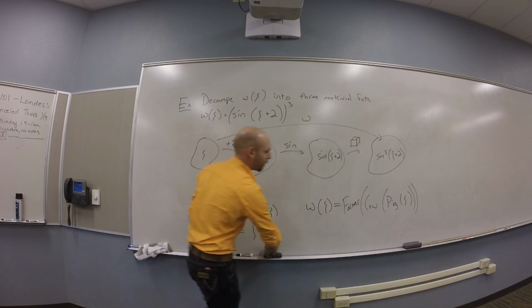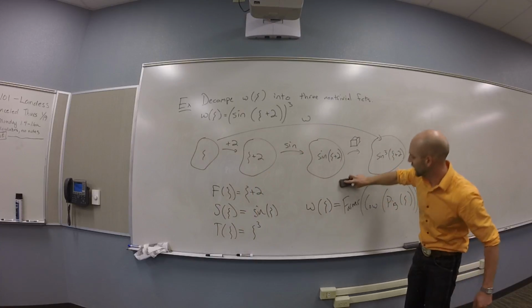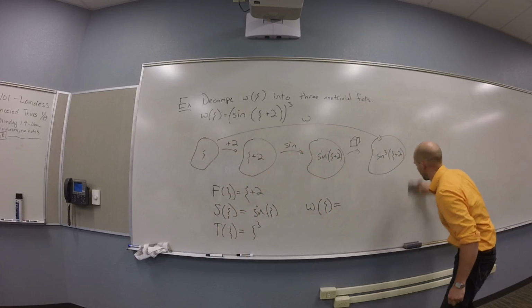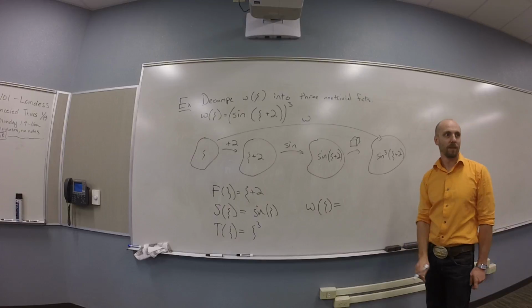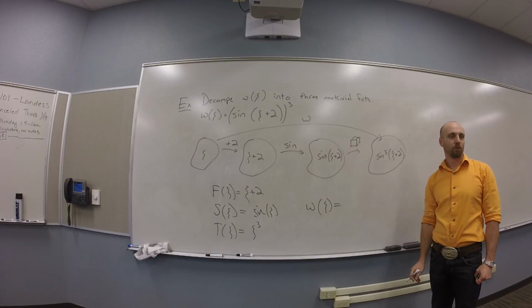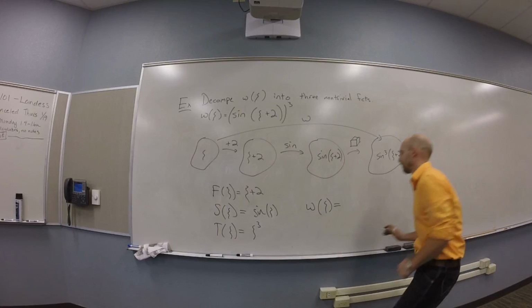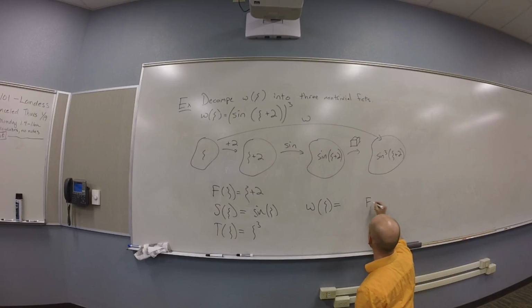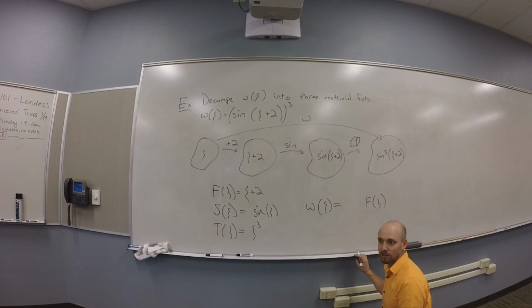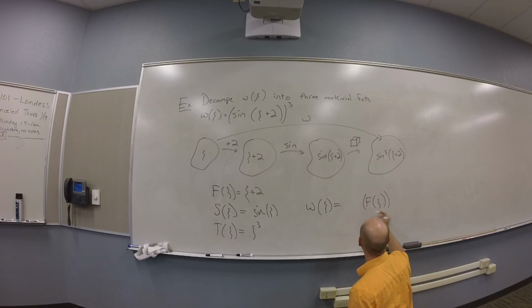And so then I'm going to rewrite W of Cassie as what? Which one do I do first? F. So I do F of Cassie, and then to that I need to do S. No, we took all the fun out of this.